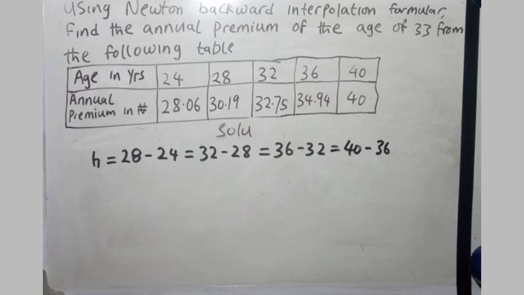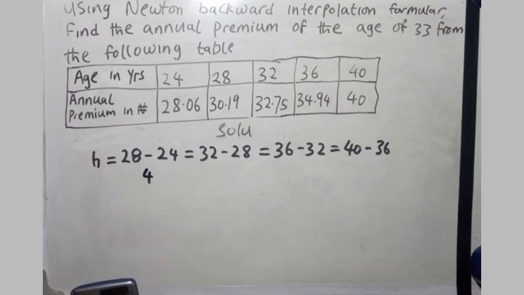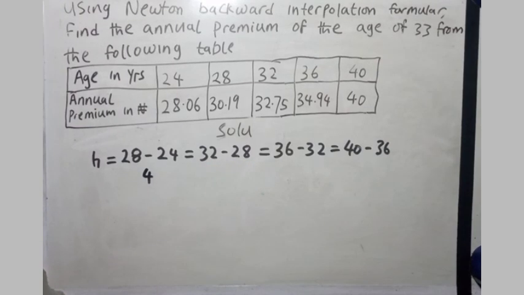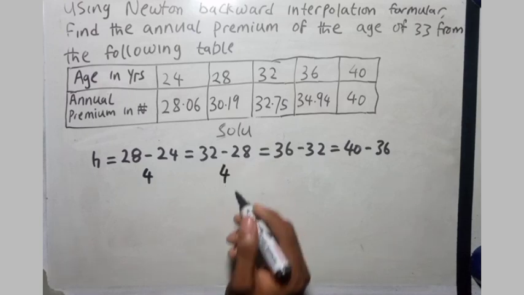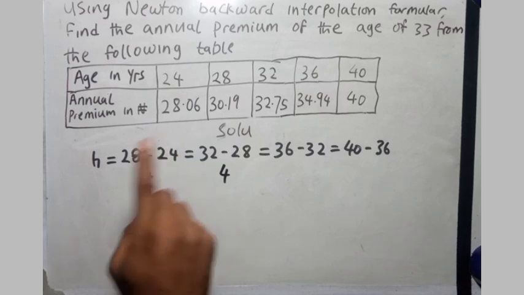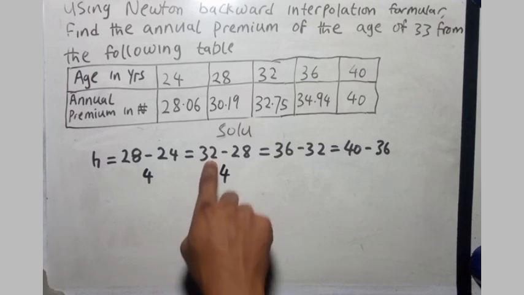28 minus 24 gives us a difference of 4. Let's check if it's the same with the others. Between this and this, this is also 4. 4 times 6 is 24, 4 times 7 is 28, 4 times 8 is 32.